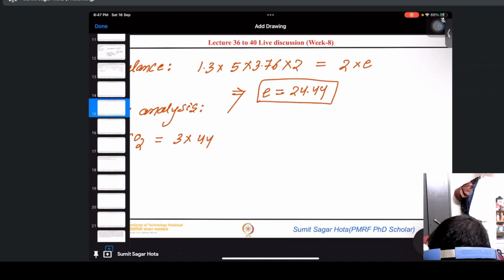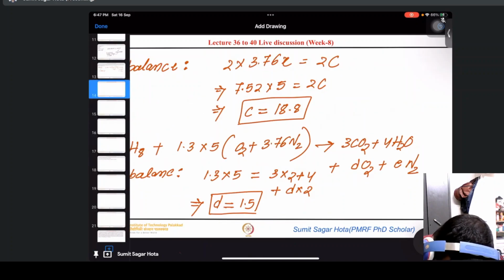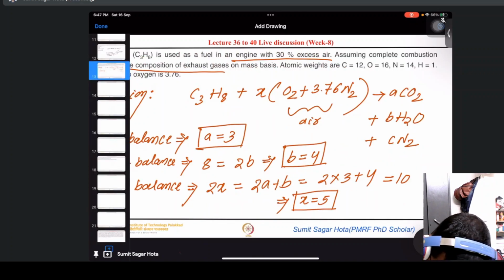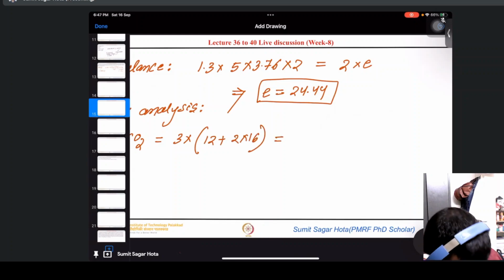Where did this 3 come from? The number of moles of your CO2 is 3, and 44 comes from C being 12 and O being 16. So the molecular weight is C, 12, plus 2 into 16. The total value you get is 132.